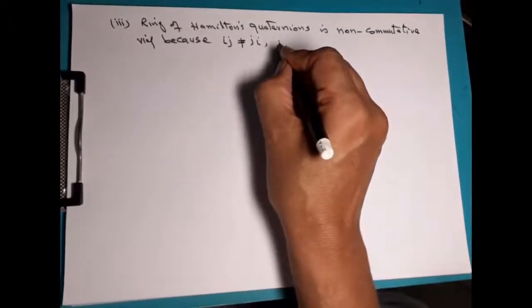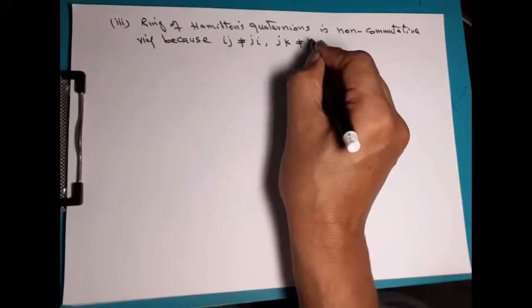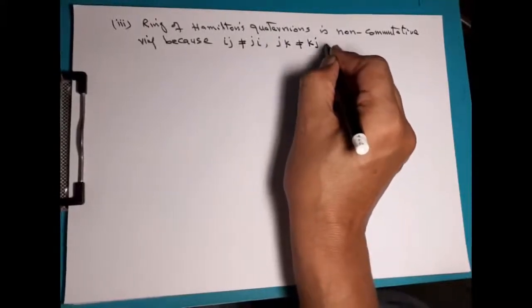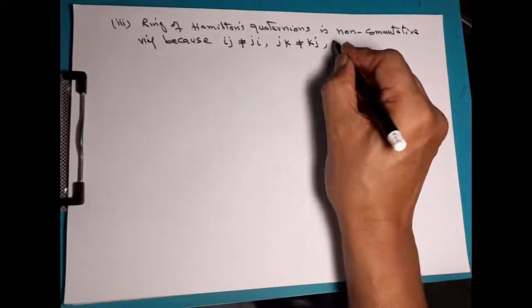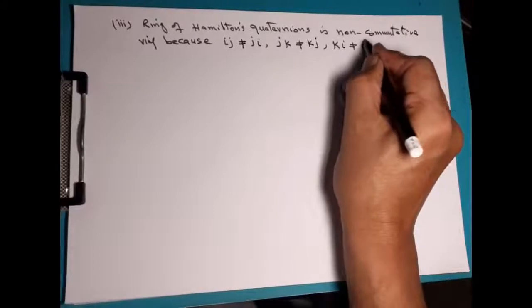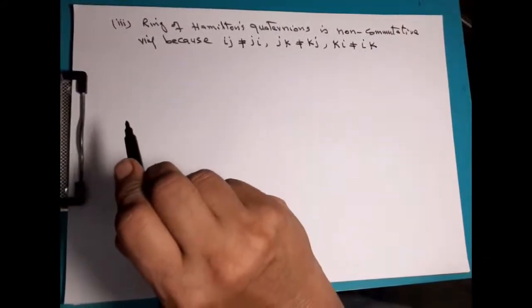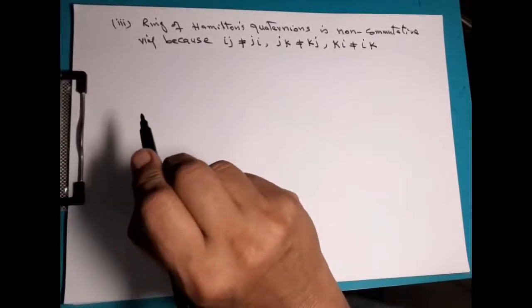Similarly, jk is not equal to kj, and ki is not equal to ik. So the ring of Hamilton's quaternions is non-commutative.